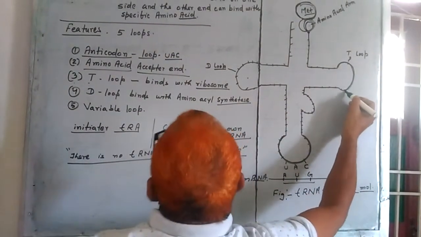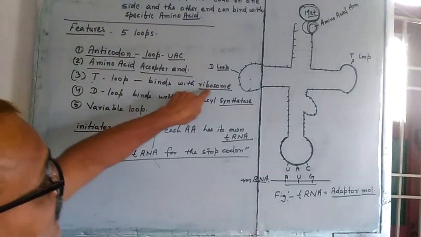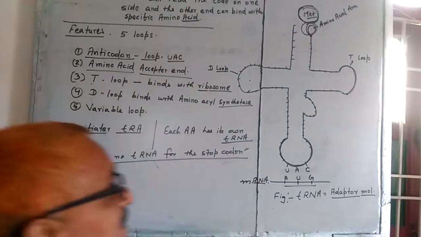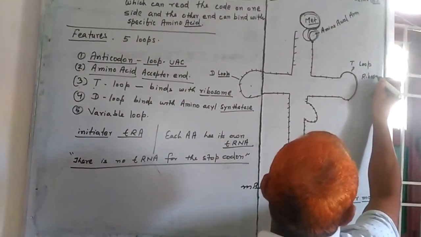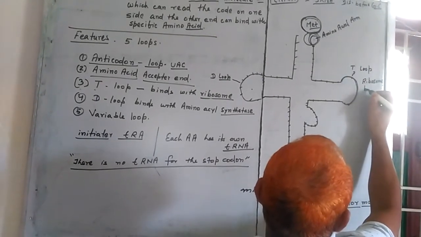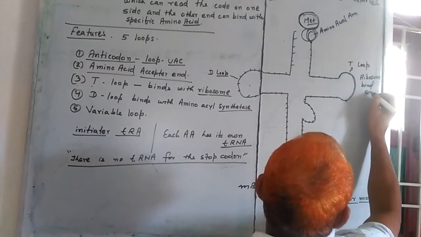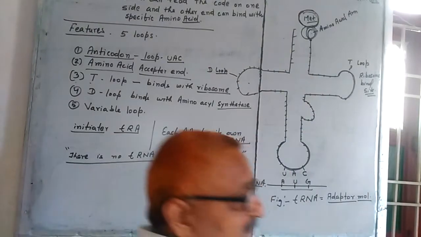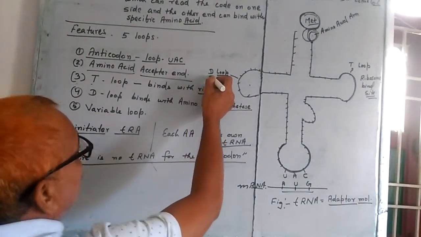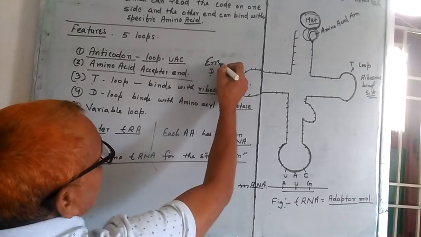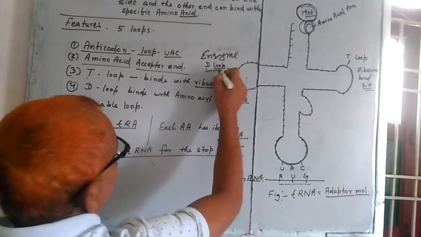T loop signifies that it binds with the ribosome. So you can see that it's a ribosome binding site. Remember it. And there is a D loop which binds with the enzyme. Enzyme binding site, D loop.